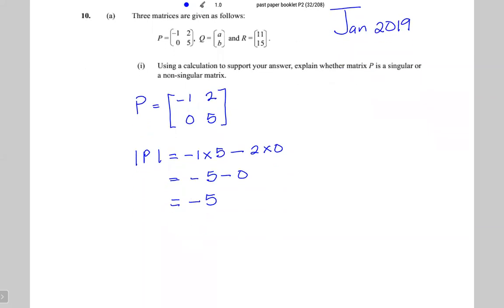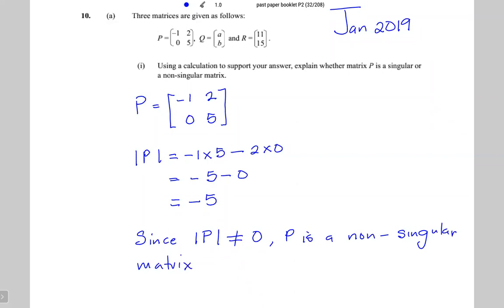Now, since the determinant of P is not equal to 0, P is a non-singular matrix.